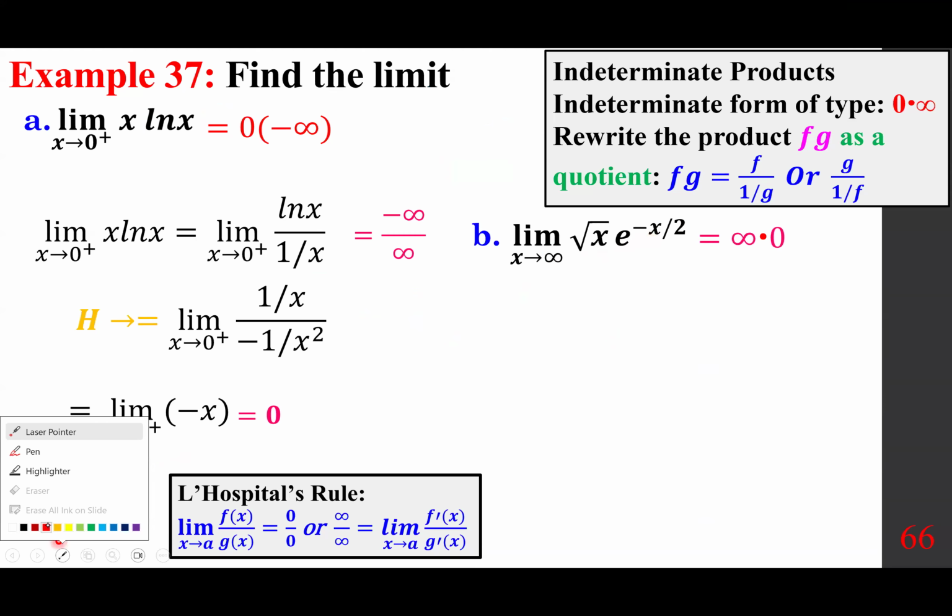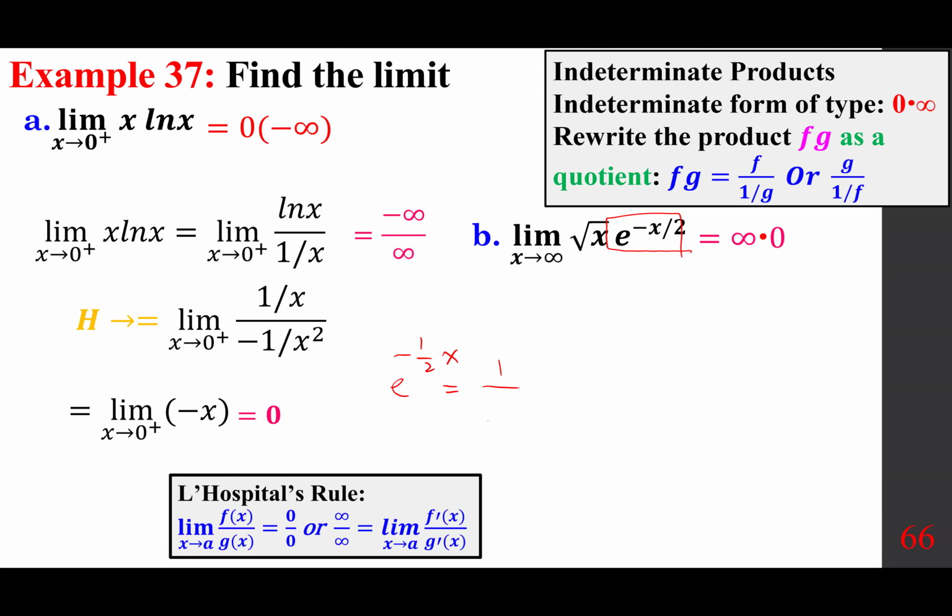Again, I want to make sure that you understand what's happening here. e to the power of minus 1/2 x is 1 over e to the power of positive 1/2 x. When x goes to infinity, e to the power of 1/2 x goes to infinity, and 1 over that goes to 0. That's the idea. And so it's 0 times infinity, and the methodology is to take one of them down.